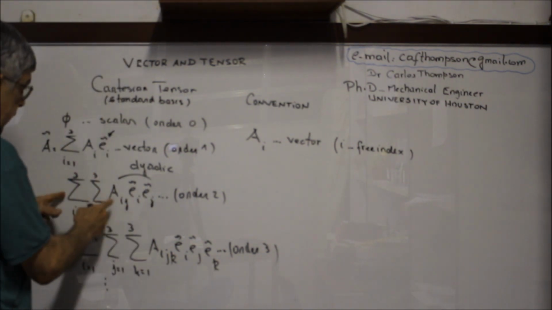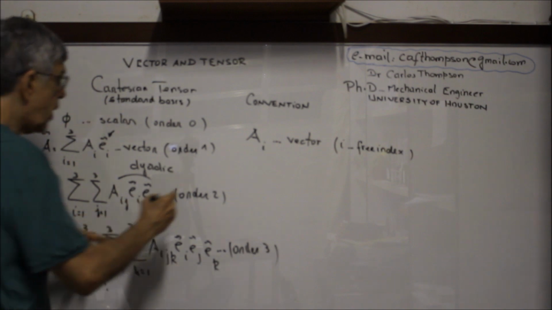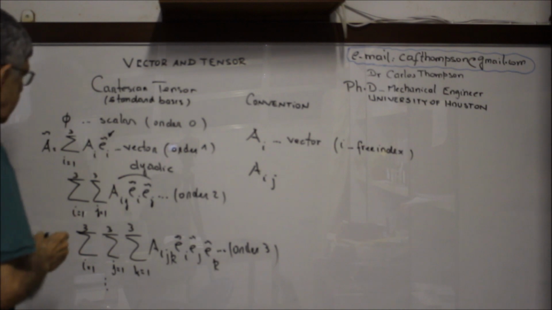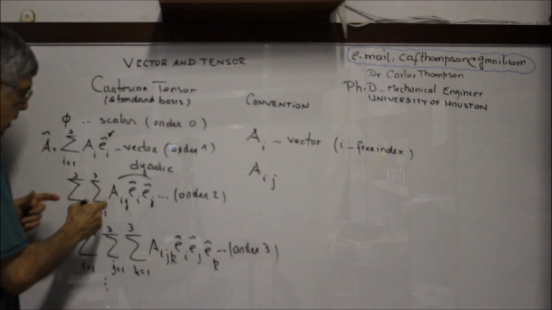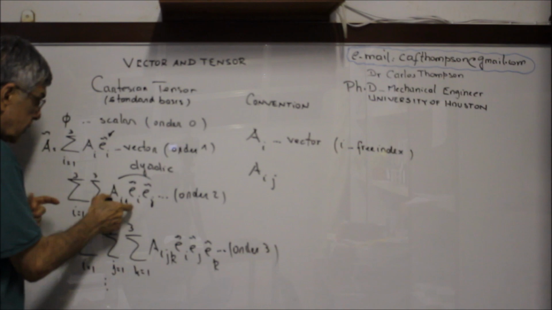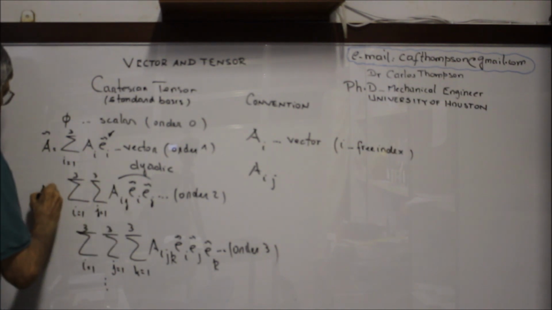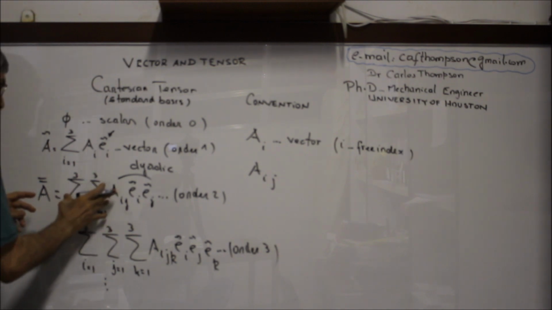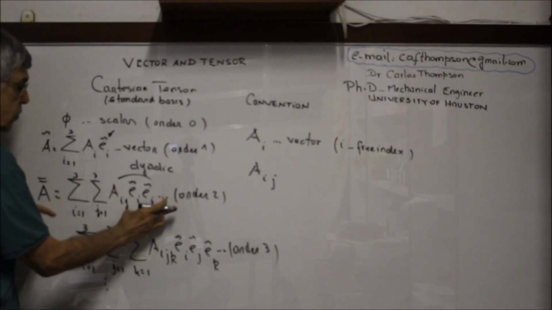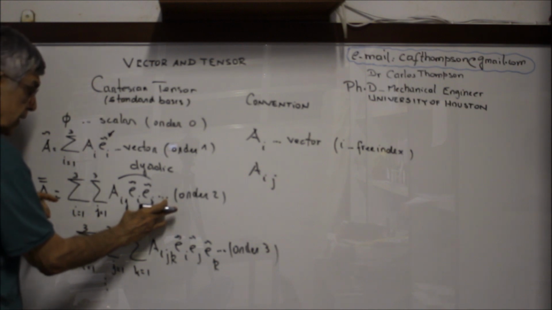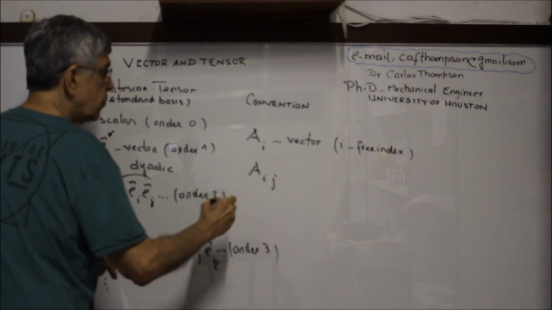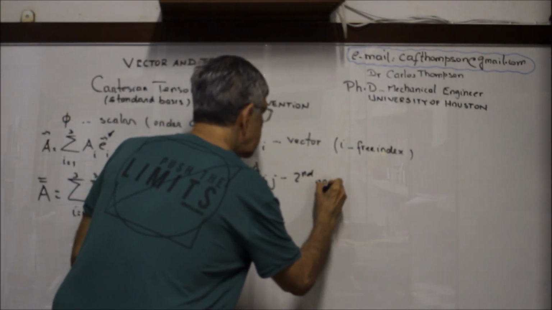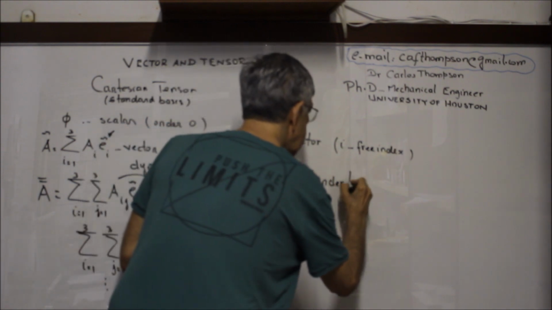Now, forget the summation and write down aij. Now, aij are the components of this second order tensor. Let's put here, this is a second order tensor. I forget the summation and also the unit vectors, the standard basis. Then I work with aij. So this is a second order tensor.